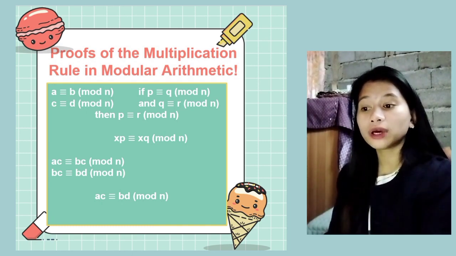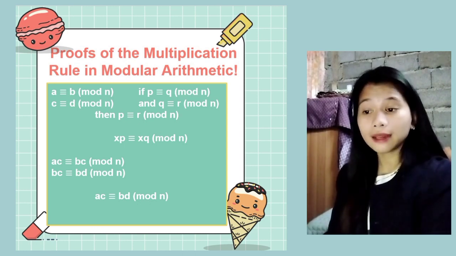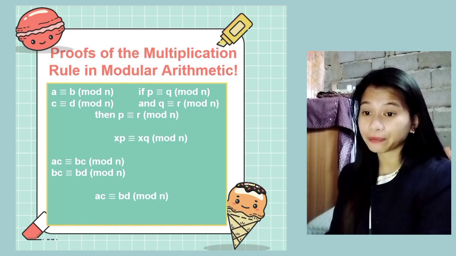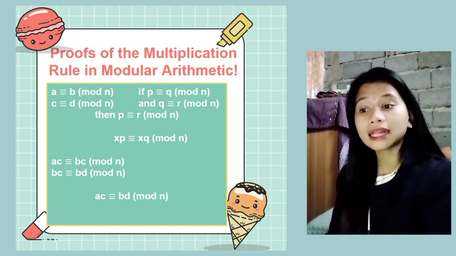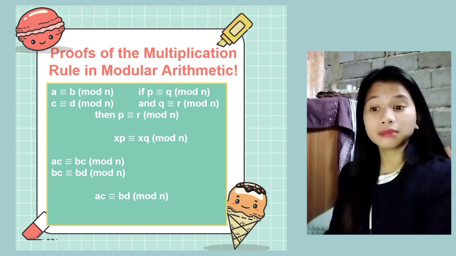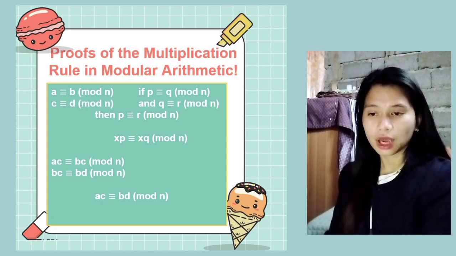If C is congruent to D mod N, we can multiply both sides by the constant value B. On the left side, B times C is BC, and on the right side, B times D is BD mod N.